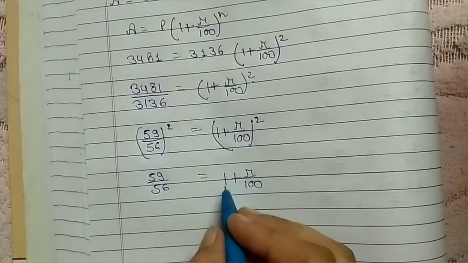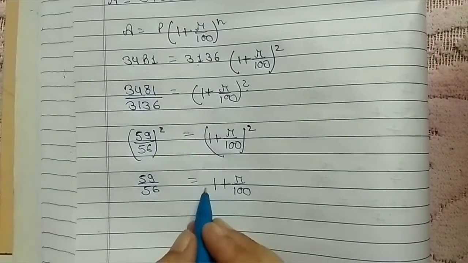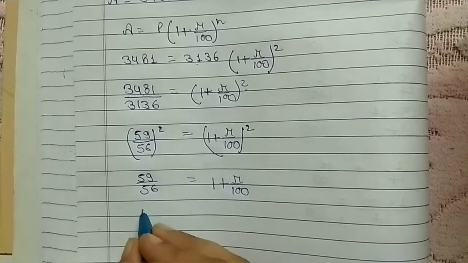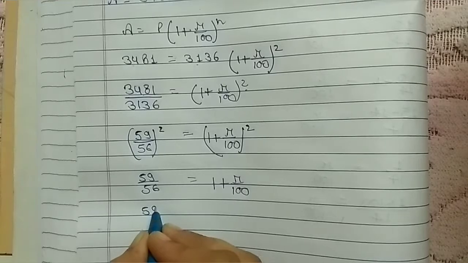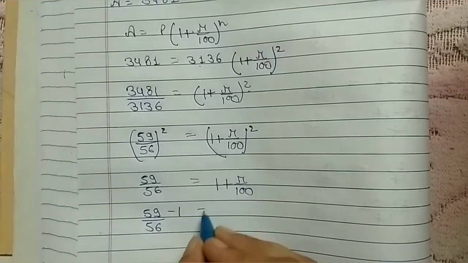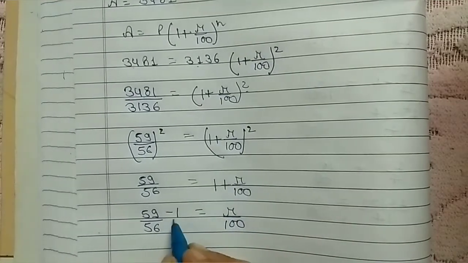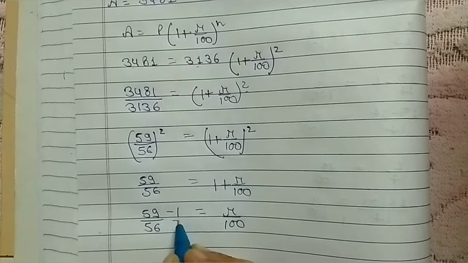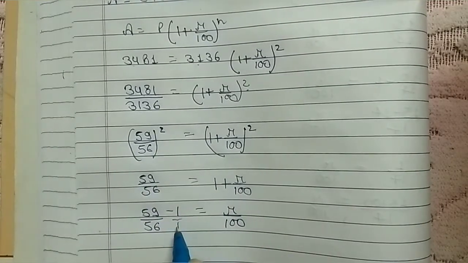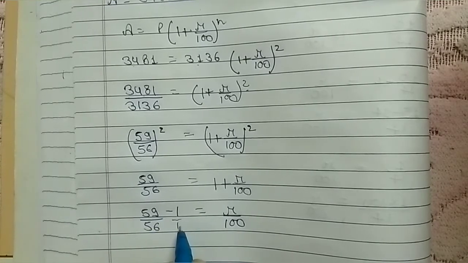Now this 1 will go here and it will become minus 1 because here it is plus 1. 59 upon 56 minus 1 equal to R upon 100. Here denominator is 1 because when no denominator is given, denominator will be 1. Here is 56, so this will also become 56.